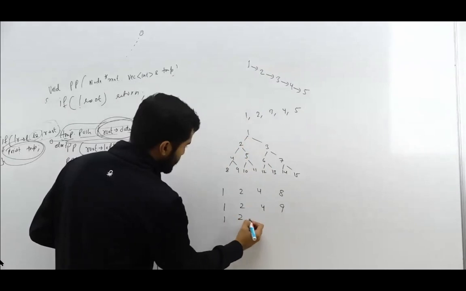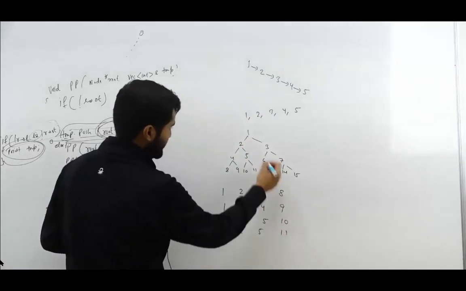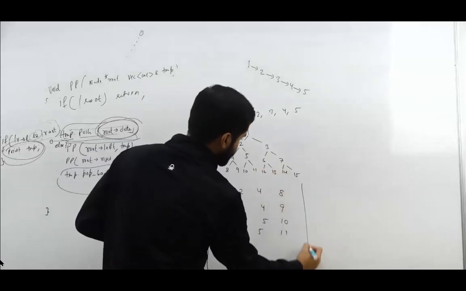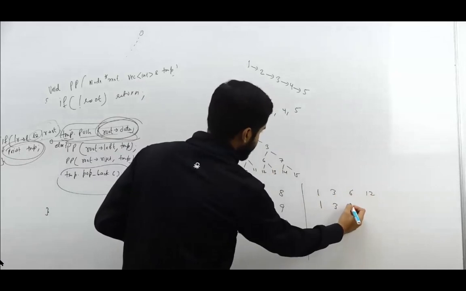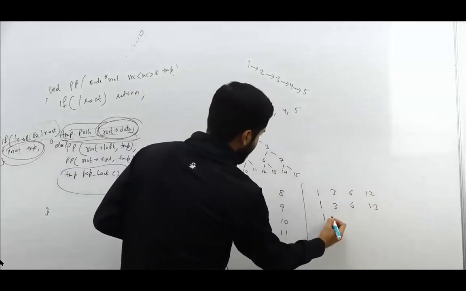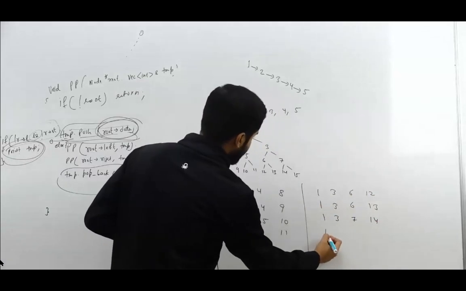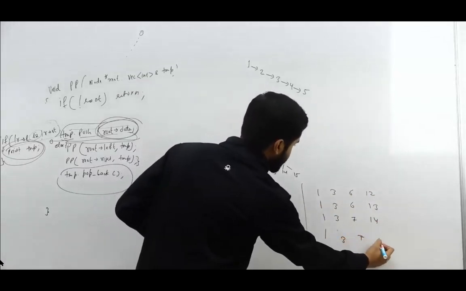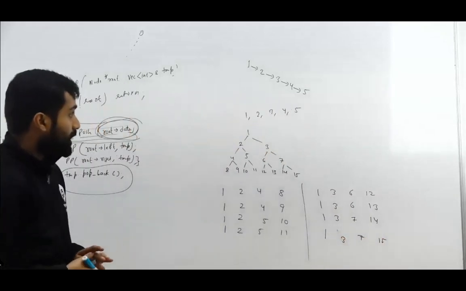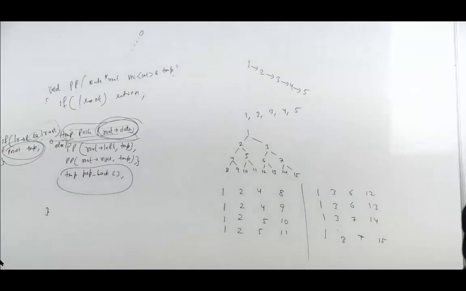Then 1, 2, 5, 10, 1, 2, 5, 11, and then 1, 3, 6, 12, 1, 3, 6, 13, 1, 3, 7, 14, and 1, 3, 7, 15. I hope I have not missed something. You can check that.